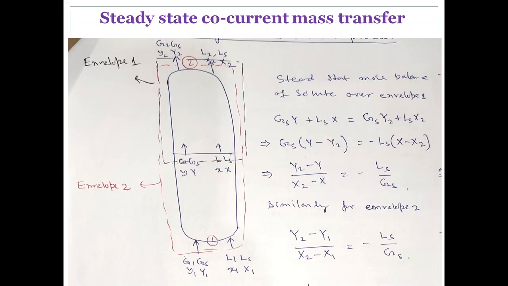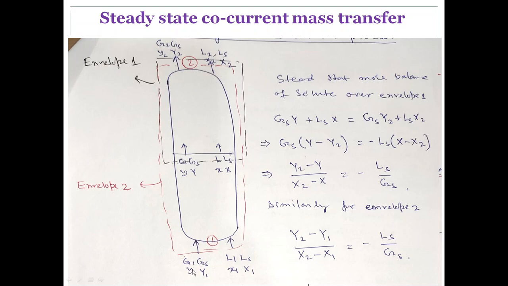Now if you take steady state co-current mass transfer, the equipment is the same, and we took the nomenclature: bottom is 1 and top is 2. Co-current means both the lighter phase and heavier phase enter from the same direction and go out from the same direction.